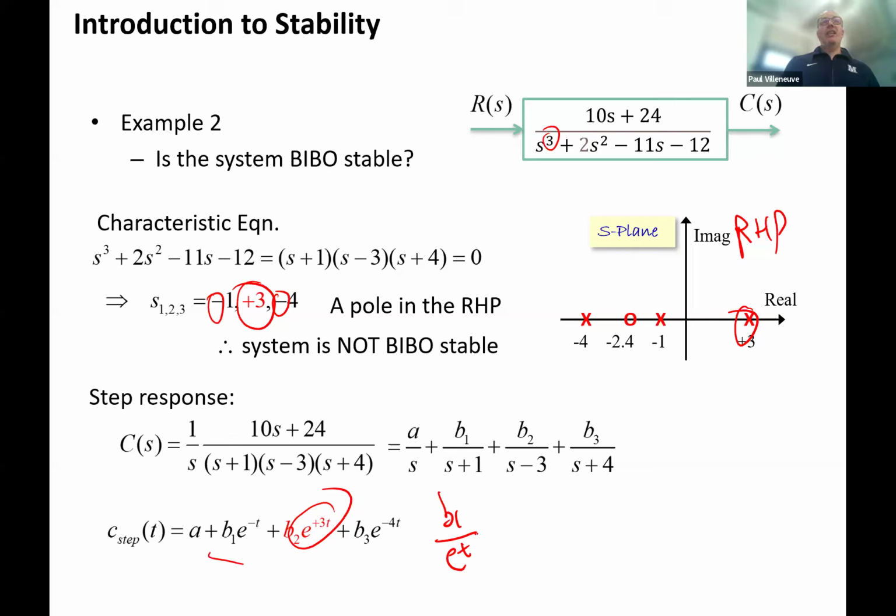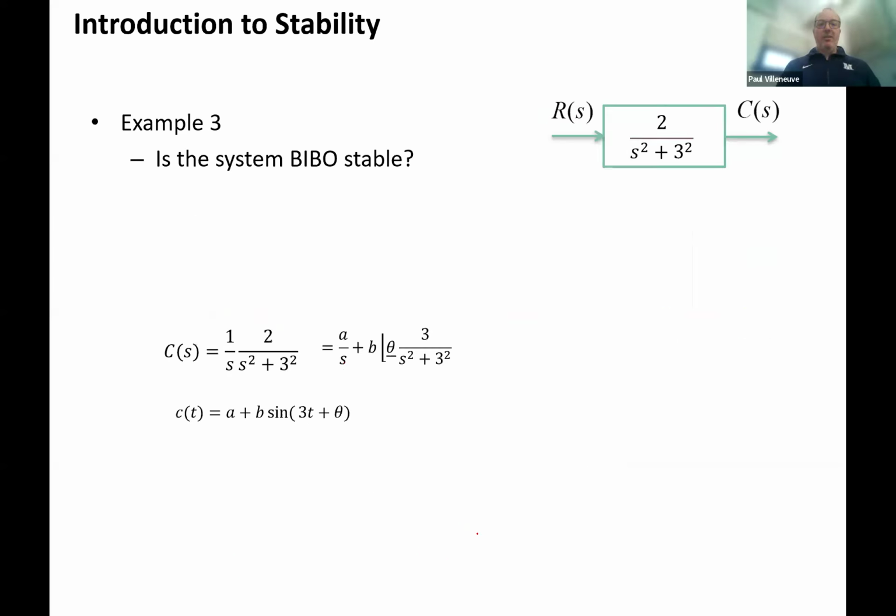And as t increases, the exponent e to the 1, e to the 2, e to the 3 gets to be a bigger and bigger number, but it's in the denominator. So a bigger and bigger number in the denominator results in a smaller and smaller number when it divides up. But this one, the B2 term, does not divide out. That multiplies. So that just gets to be bigger and bigger and bigger. So not a BIBO stable system.